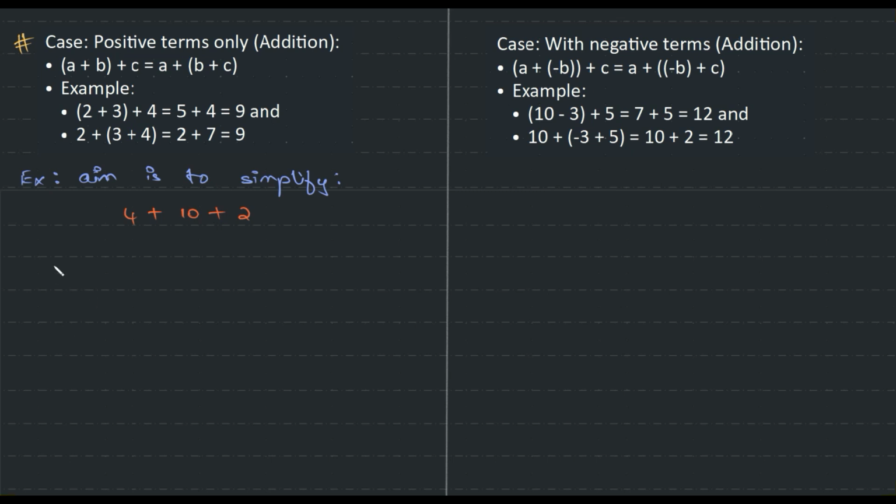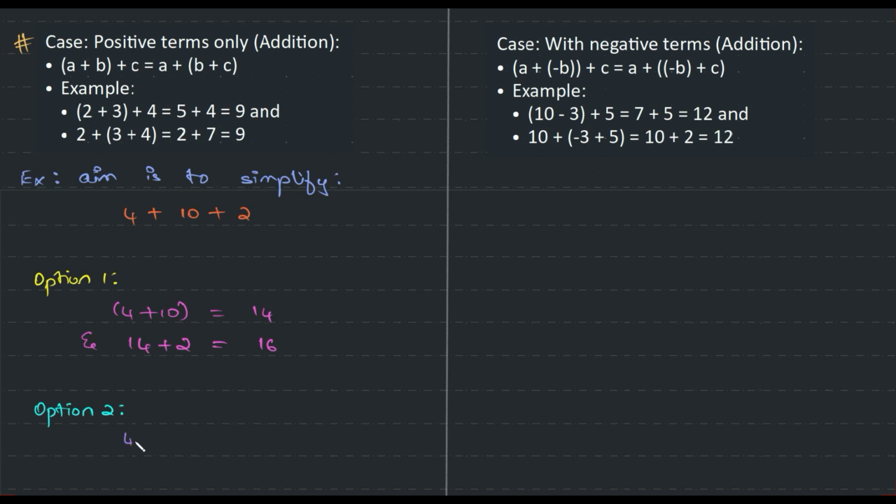Okay. I have two options. Option 1, I can go with 4 plus 10 first. That will give me 14. And then 14 plus 2, which is equal to 16. Then we have option 2 here.